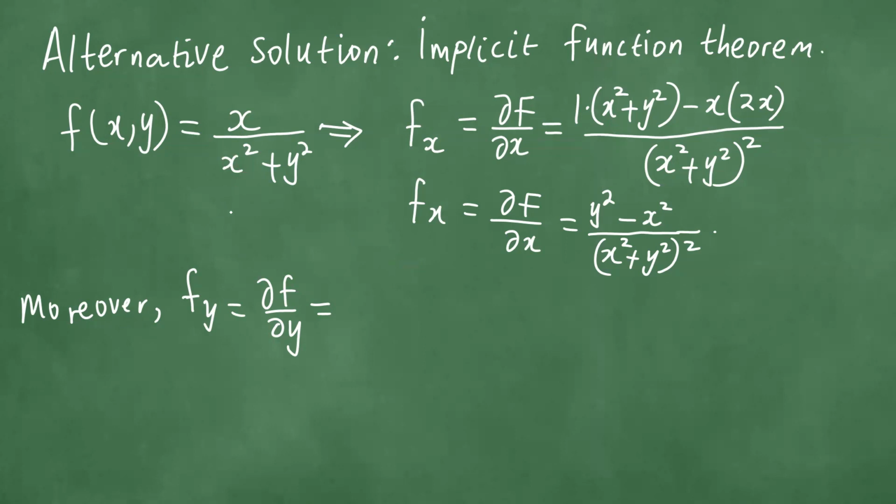The derivative of x with respect to y is 0, times x squared plus y squared, minus x times the derivative of the bottom with respect to y, which is 2y because the derivative of x squared is 0, over the square of the denominator.